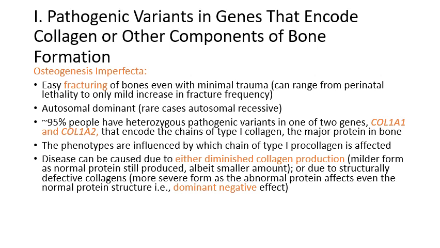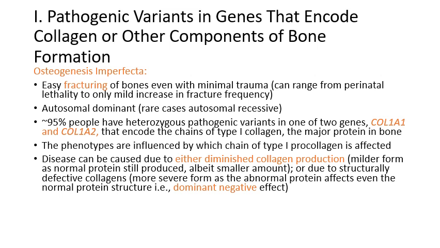The disease can be caused either due to diminished collagen production, so a milder form, because there's still some normal type of protein being produced, even though the amount is less. So the normal protein is still being produced by one copy of the gene, but it's diminished because the other copy is not working. So that's one type of disease. So even though it is loss of function, it's actually not very severe.